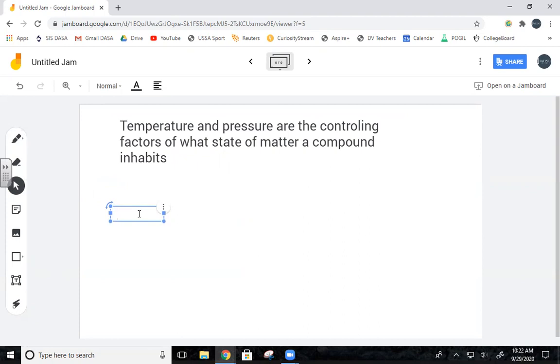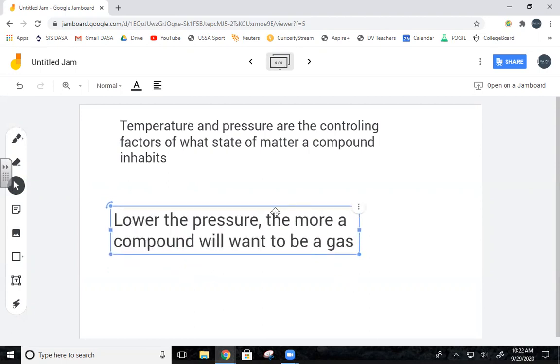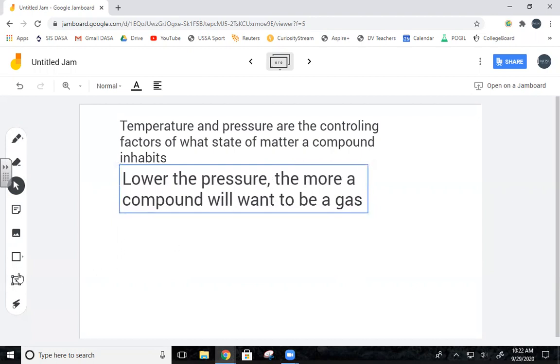So the lower the pressure, the more a compound will want to be a gas. And the higher the temperature is the same thing.